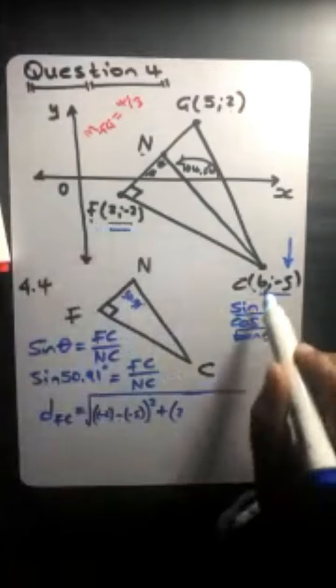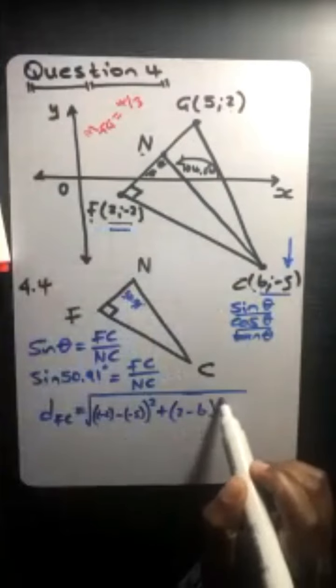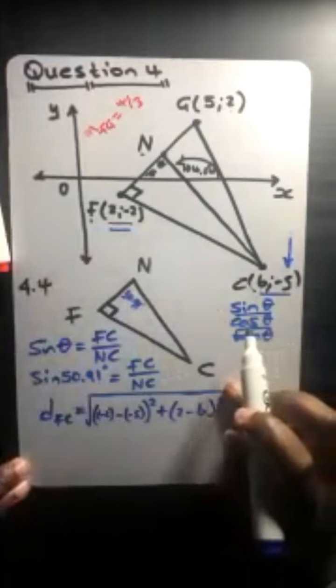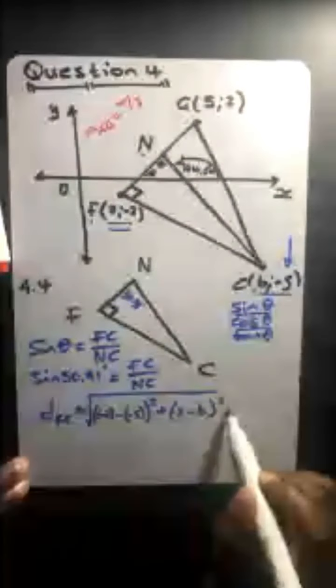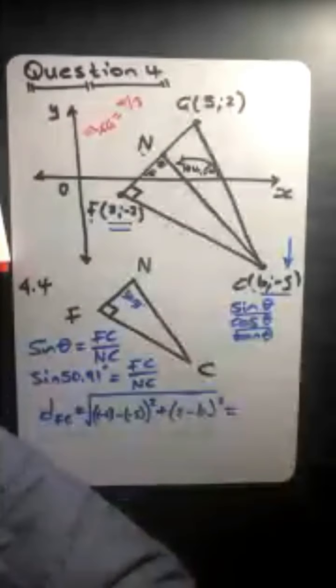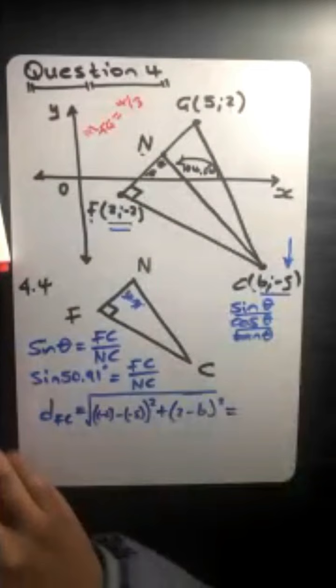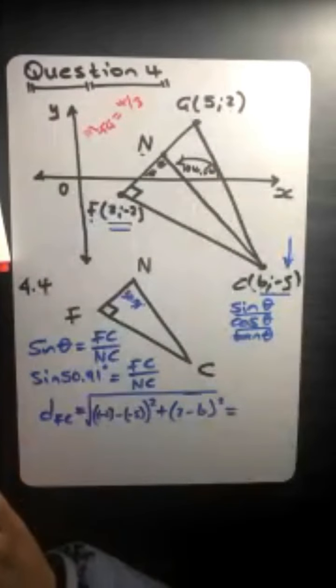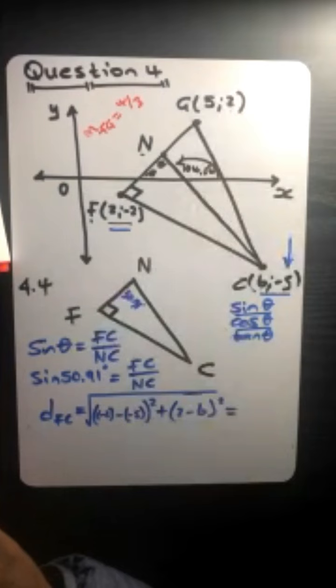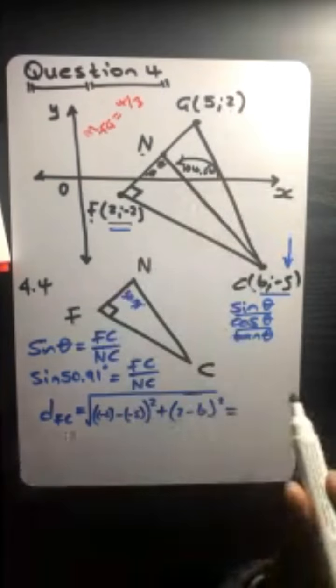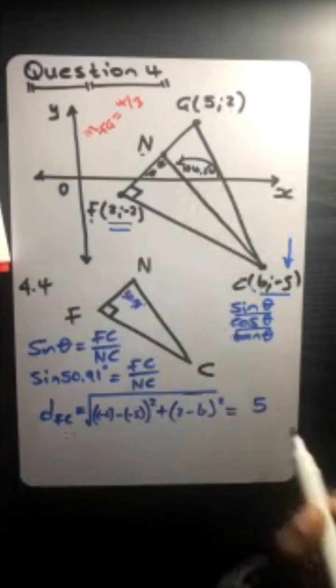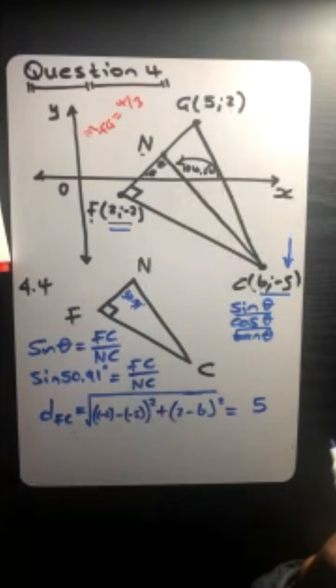You've got 2 minus 6, close that. So what is the answer, which is going to be the distance? Let's see. Square root of negative 2 plus that, squared, plus 2 minus 6 squared. So I'm getting 5. I'm not sure if you guys are also getting 5. Can someone just confirm on your side?